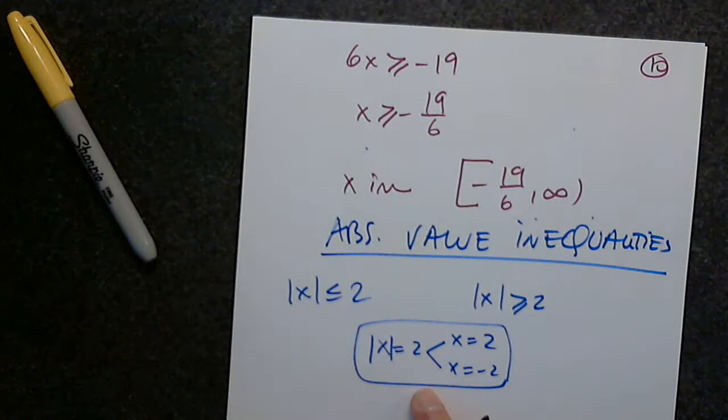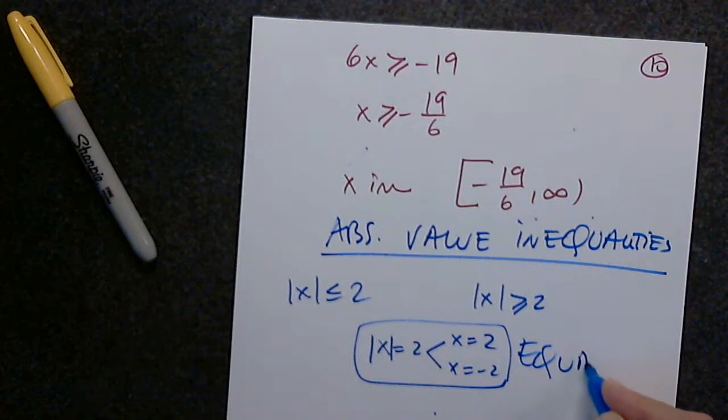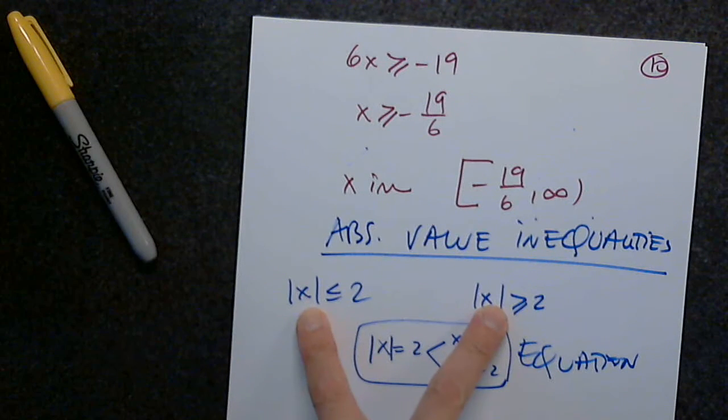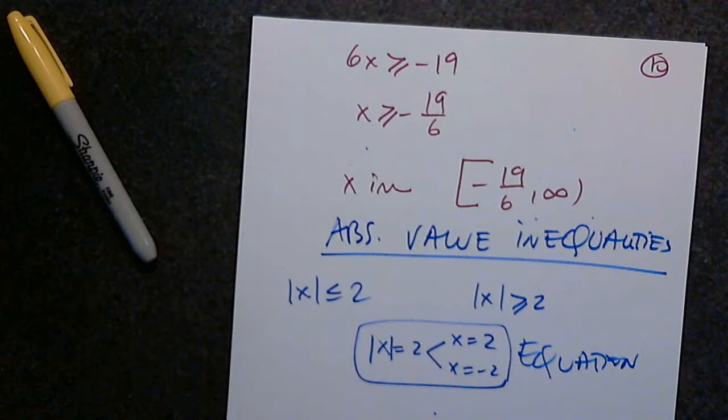This is an equation, of course, absolute value. Now these two say something else. The equation said 2 and negative 2, correct? But the first inequality says, find values of x whose distance from 0 is less than or equal to 2 units. So 2 units or less.